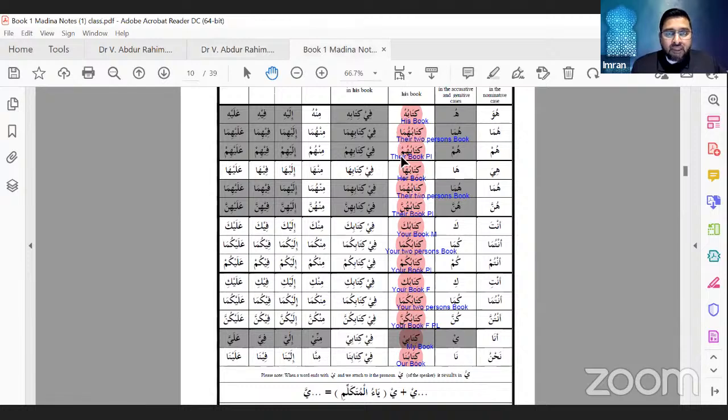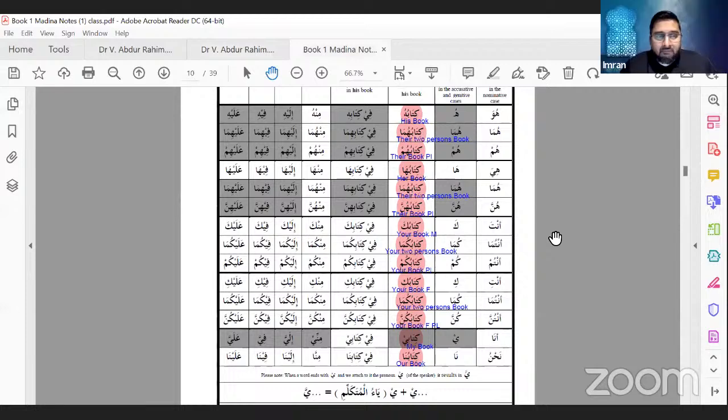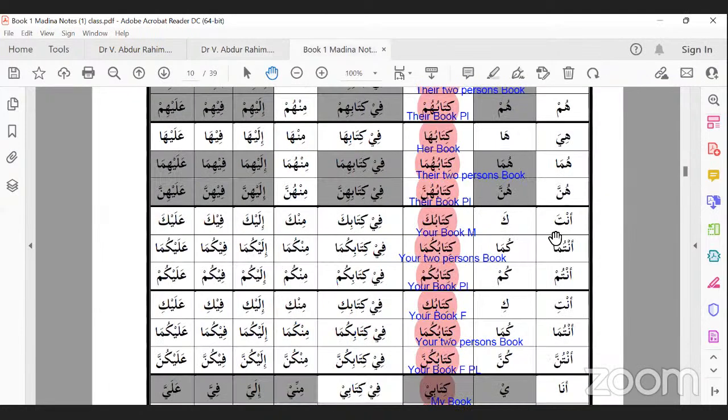I want you to change all of this: kitabuhu, kitabuhuma, kitabuhum, and so on, with the word qalam. Qalamuhu means his pen. So from top to bottom, right? Yes, so instead of kitab, I'm using qalam.